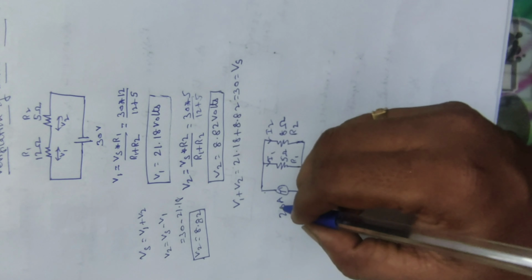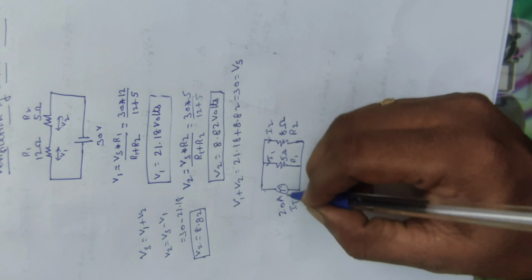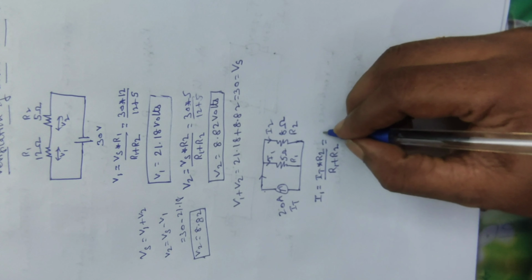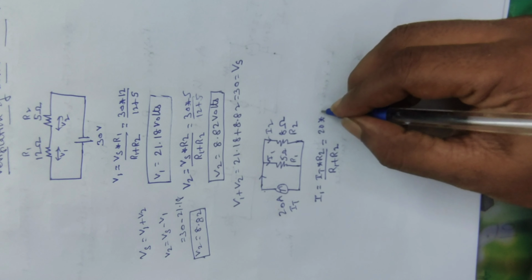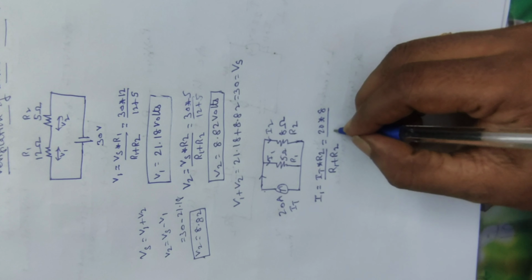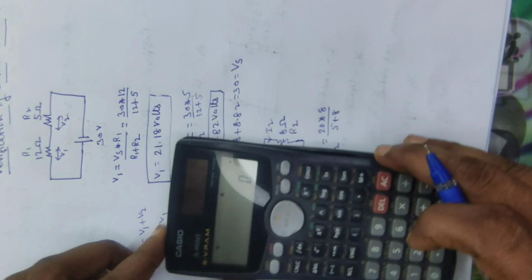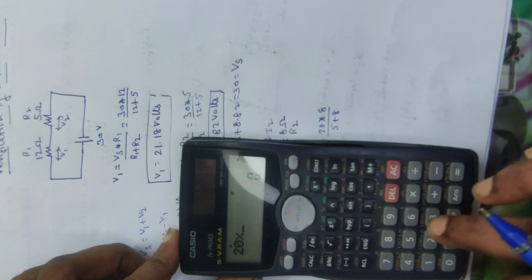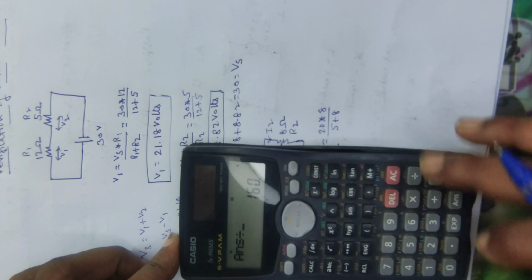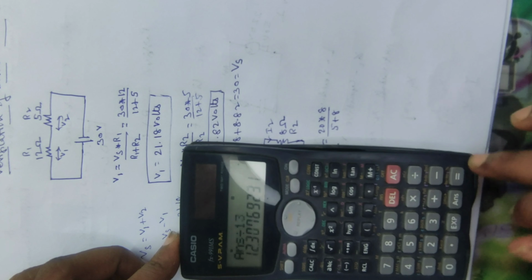Since I total is this value, the same current flowing over here, it is 20 times 8 divided by 5 plus 8, which is 13.